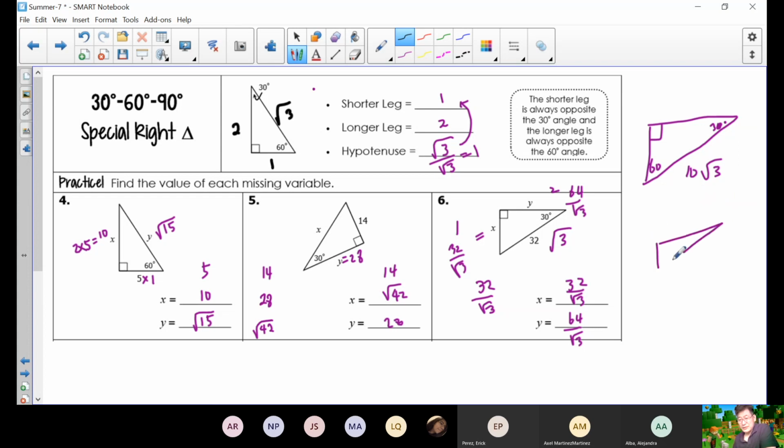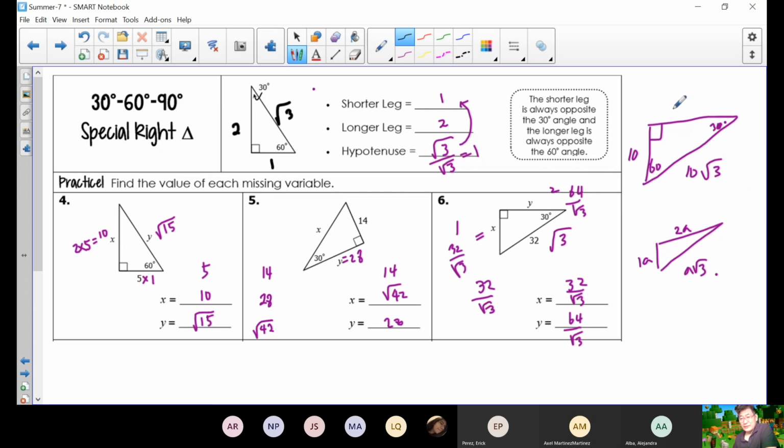So think about it. The ratio is A, 2A, and A root 3. 1, 2, root 3. Whatever the A comes, you just write it down, A root 3. We have 10 root 3, so 10 root 3 divided by root 3, that's A, which is 10.